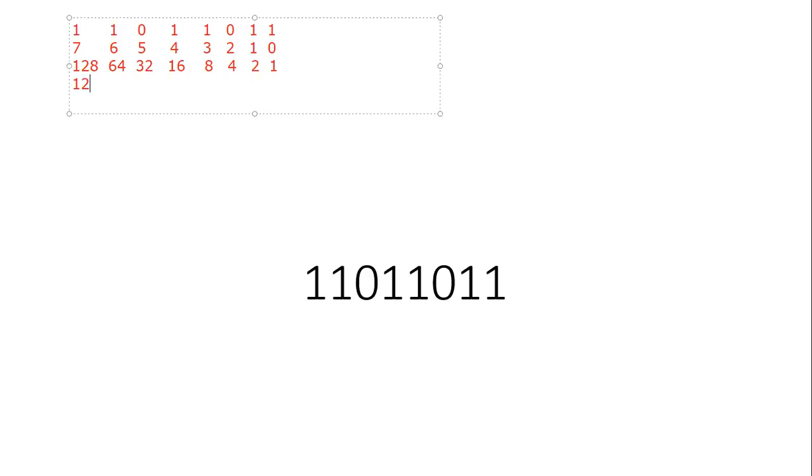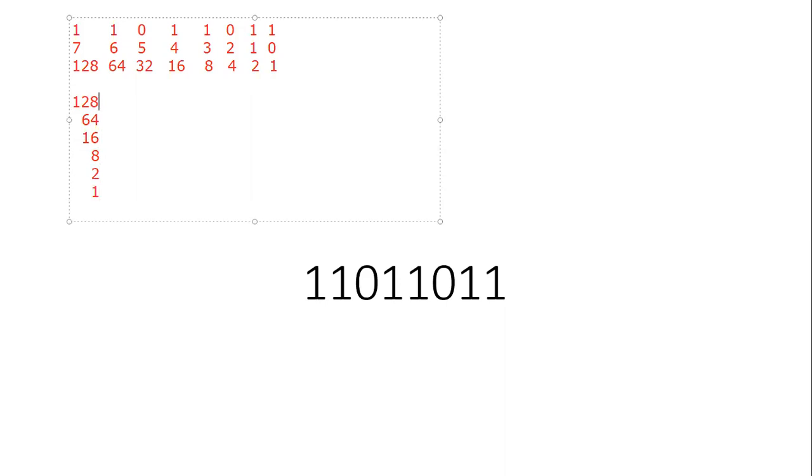I'm just going to take 128 as it is. Next number that I have with the number 1 is 64. Then I will not take 32 because there is a 0 value out there. Then we will take 16. Then we will take 8. We will again not take 4, but we will take 2, and then we will take 1.